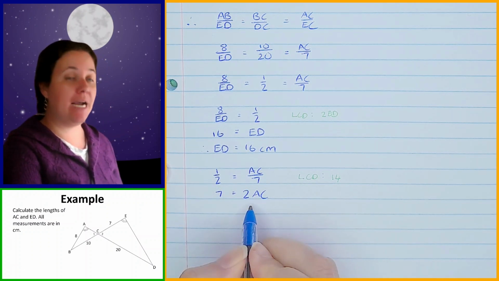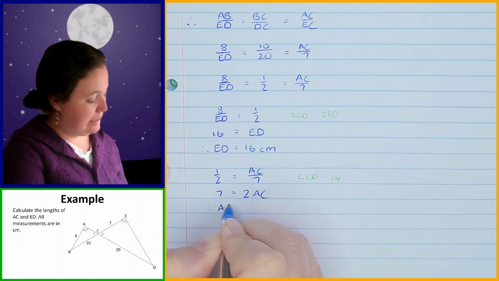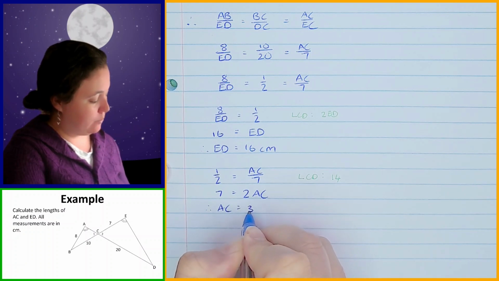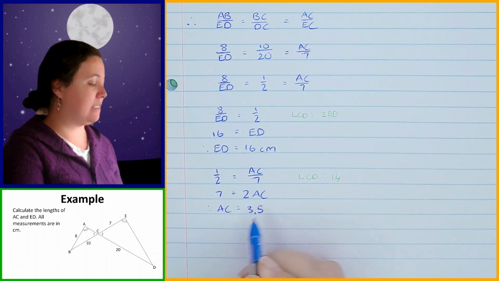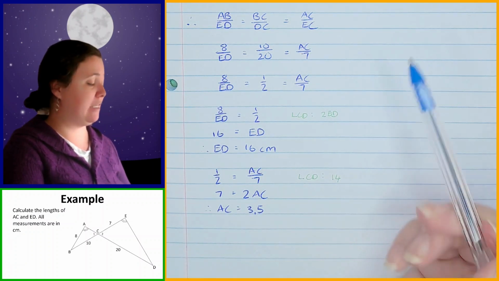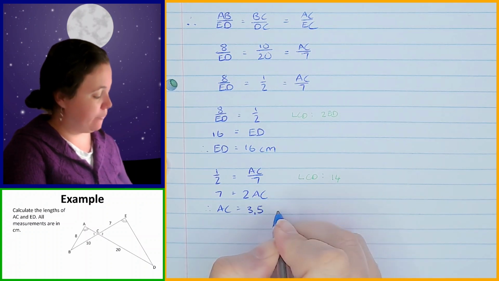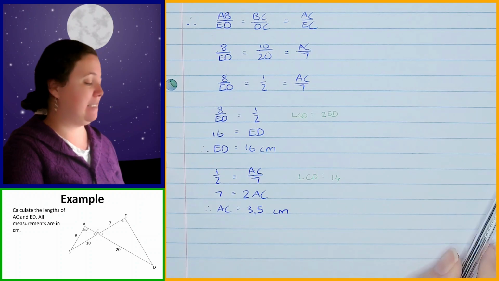And now I'm going to divide by 2 to find out what just AC is. So therefore, AC is equal to 7 divided by 2, which is 3.5 or 7 over 2. But I'm going to write it as 3,5. When we're working with things like distances and stuff, we'll normally write it in decimal form. So 3,5 centimeters. Okay, so that's what I get for AC.